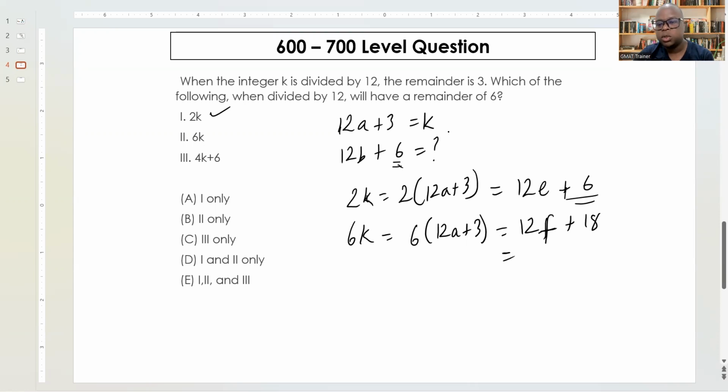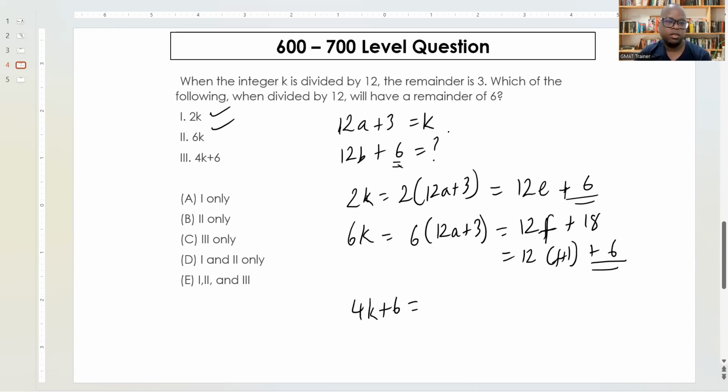So this will be reduced to 12 into f plus 1, plus 6. Because you don't know what f plus 1 is, this can also be 12g plus 6. So what you have at the end of it is plus 6, which relates to what we were talking about earlier. So that also fits that number.